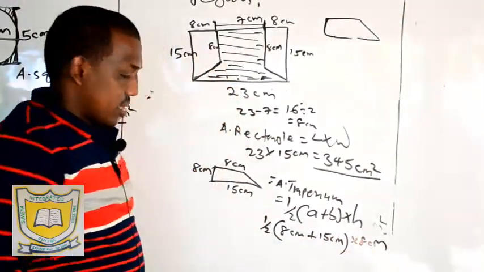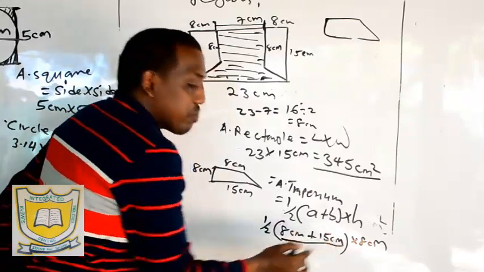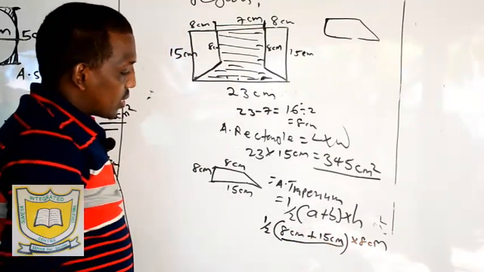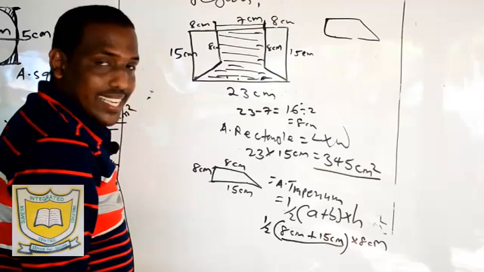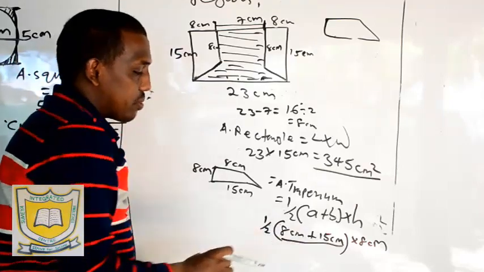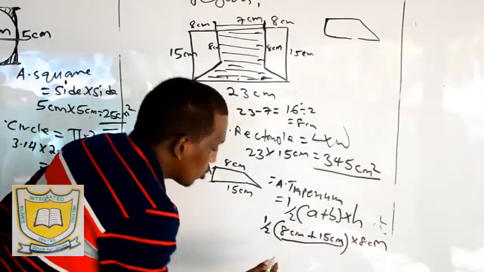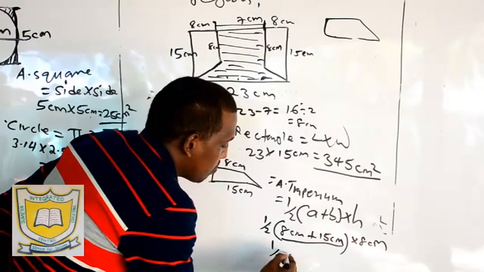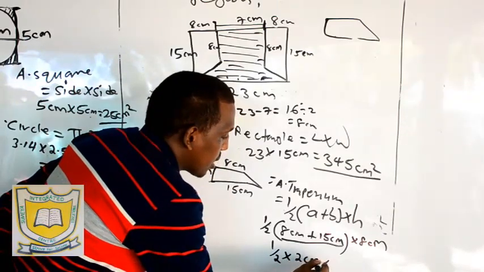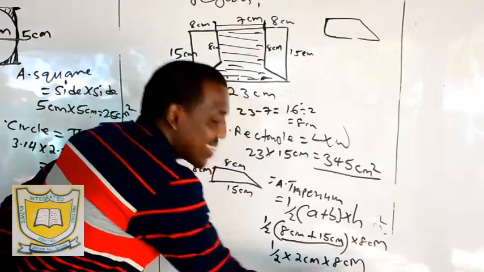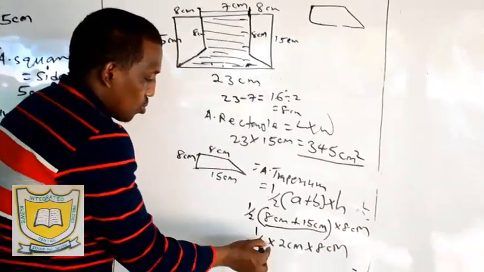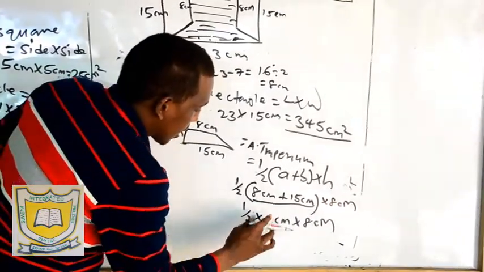Now, we add what is inside the bracket. I say 8 plus 15, 23. So we say a half times 23 centimeter times 8 centimeter.